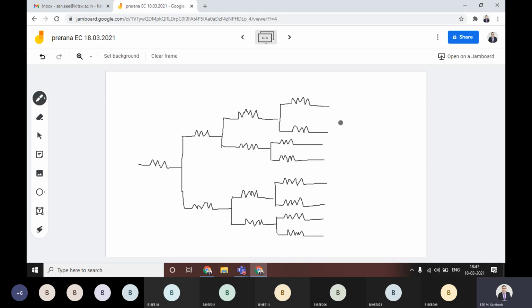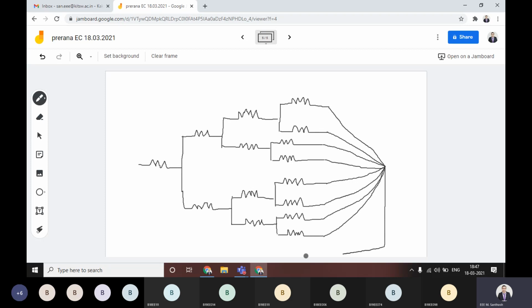Okay, all are connected at one point. And this is given by one voltage source, and this voltage source value is 1 volt. All the resistor values are 1 ohm.